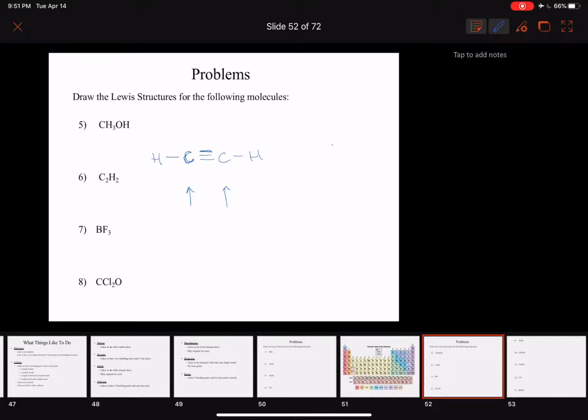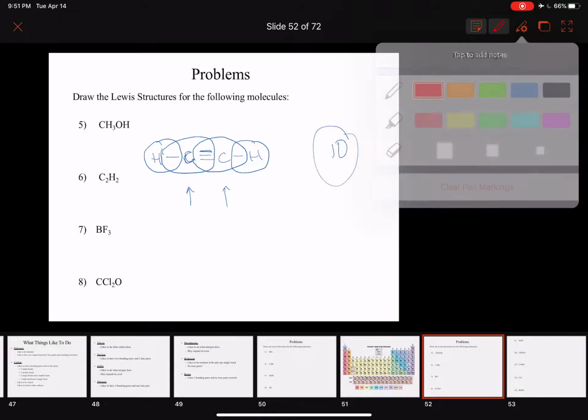And remember, we had 10 valence electrons that we had to use, and now we need to make sure that we're following the first 2 rules, which is that we have an octet or a duet for everybody, which again we do. Duets for our hydrogens. 2, 4, 6, 8, octet for that carbon. 2, 4, 6, 8, octet for that carbon.